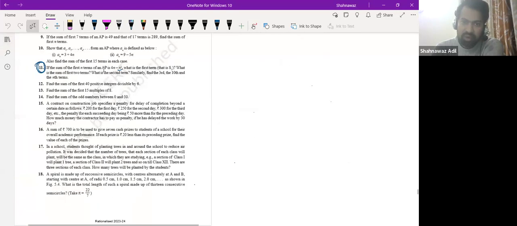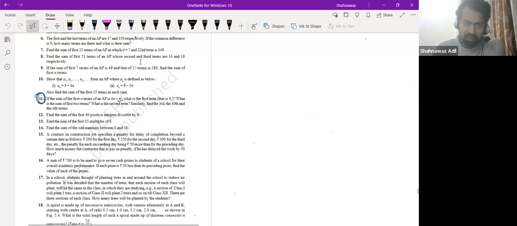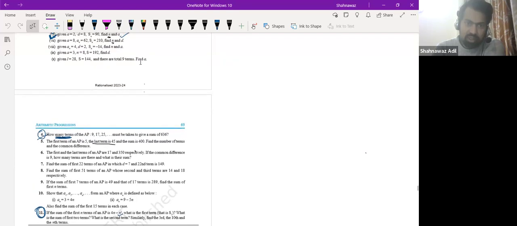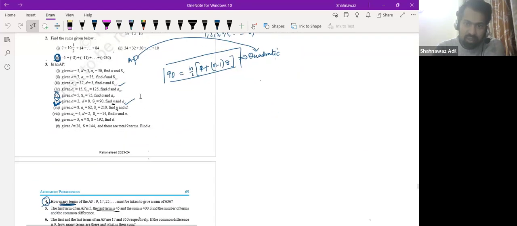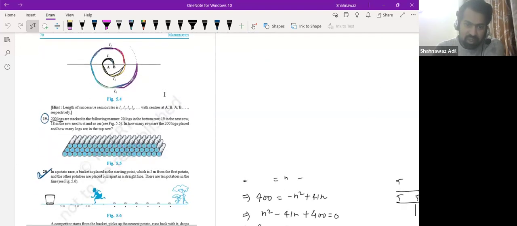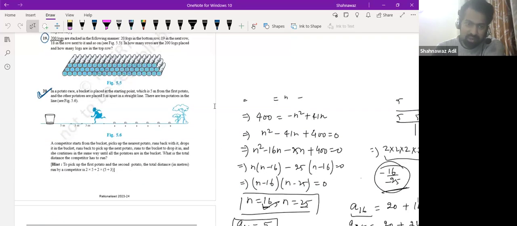So we have this question ready. Sn is given. What is the first term? What is the sum of first two terms? What is the second term? Similarly, find the third, tenth, and nth terms. This is the question that we were talking about. And let me take another NCERT question, you have done it already.